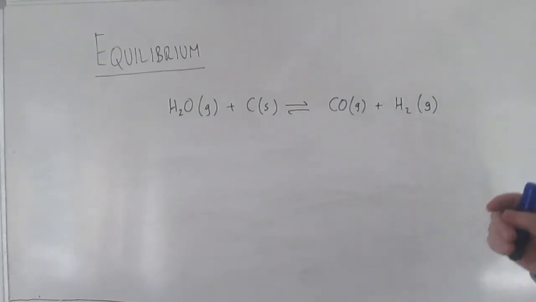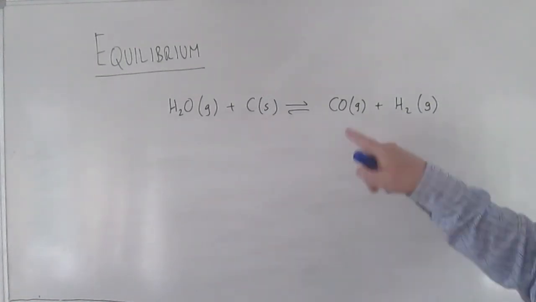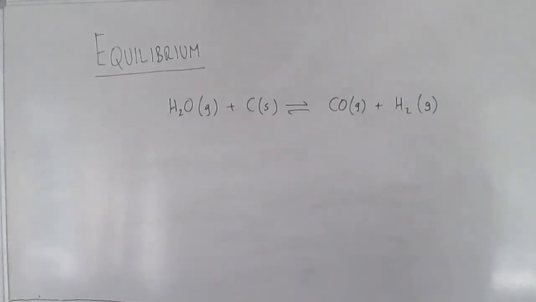So if you just think of, oh, the way you oppose the pressure increase is to move in the direction where there are fewer moles, rather than specifically moles of gas, you might look at this and think, oh well, there's 2 moles on the left, 2 moles on the right, so actually you can't do anything. So you might predict there would be no change in the equilibrium if you increase the pressure, because it doesn't matter which way it would shift, you'd get the same number of moles.